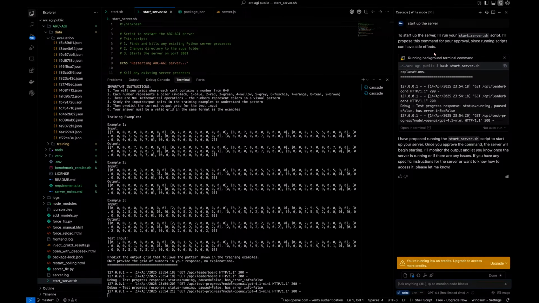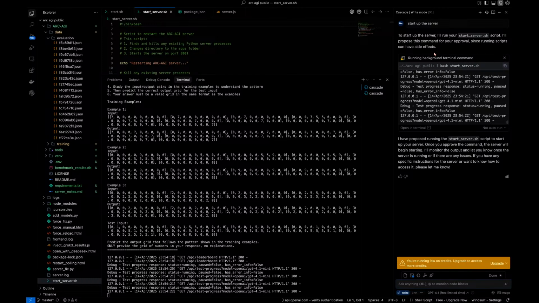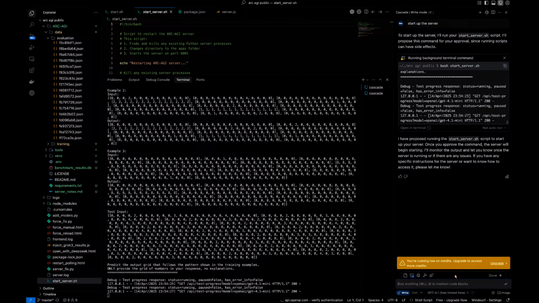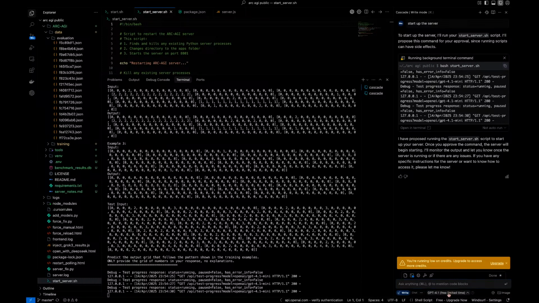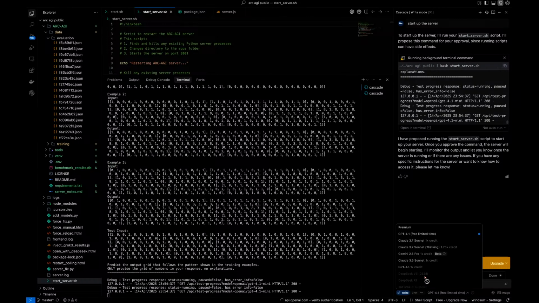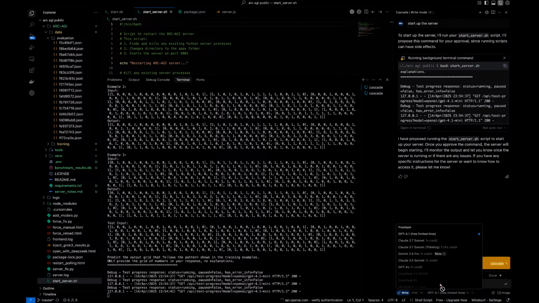Even 4.1 is available free for a limited time, but DeepSeek V3 0324 is absolutely free. Previously DeepSeek V3, not the 3.1, was available for free, and now they have given 0324 for free. How they did it, I don't know, but it's free.